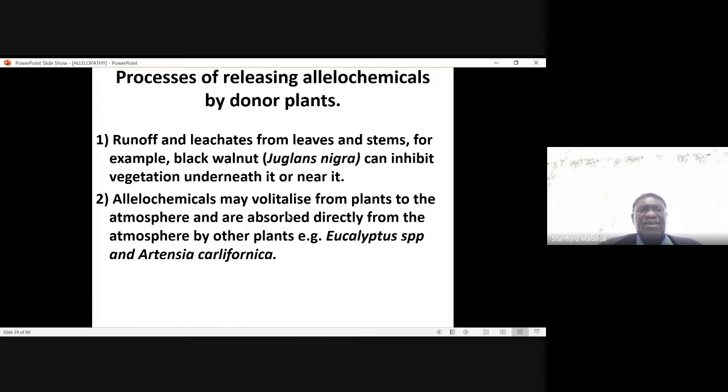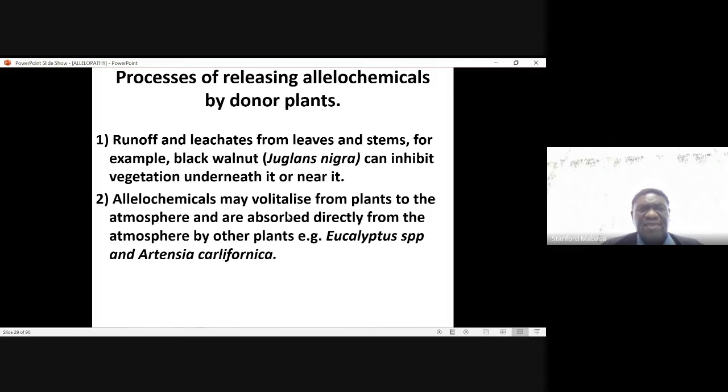So the rain can actually remove allelochemicals from plants, which fall to the ground. This was noted on a tree known as black walnut, Juglans nigra, which was inhibiting vegetation underneath it or near it. Actually, this is what caused people to investigate allelopathy.